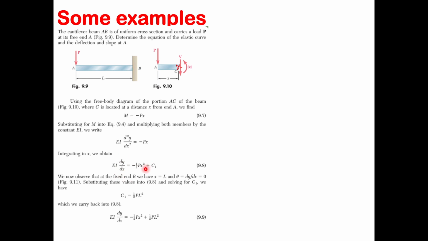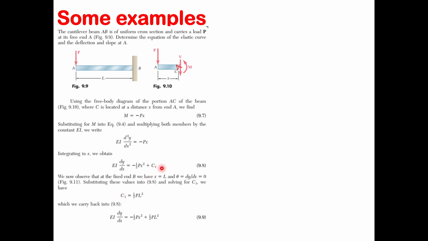So you plug x here as L, right? And 0 is going to be equal to negative 1/2 of PL squared plus C1. So you can calculate your C1. Okay, so that's the first part.